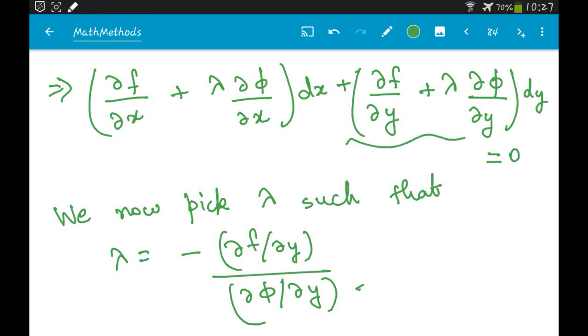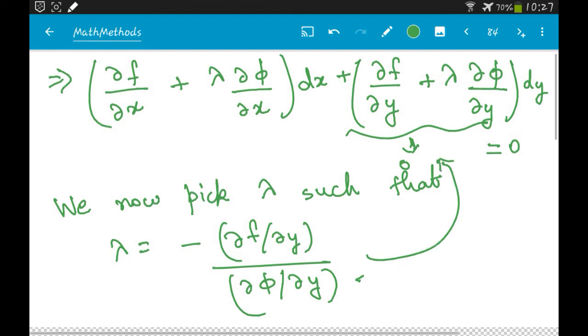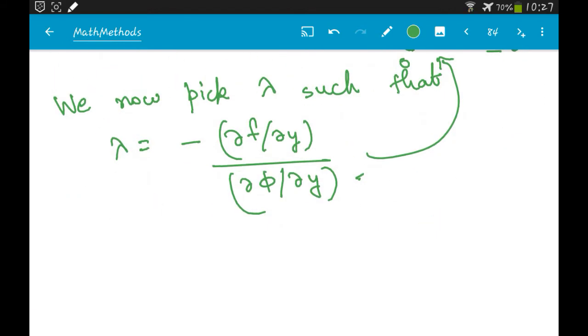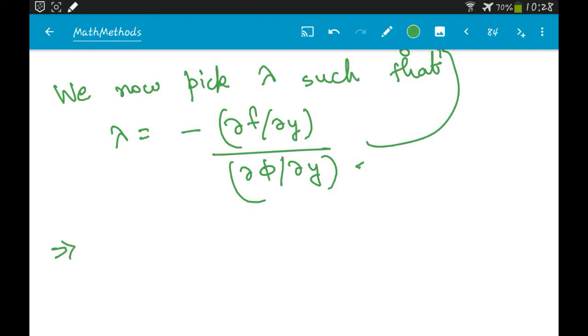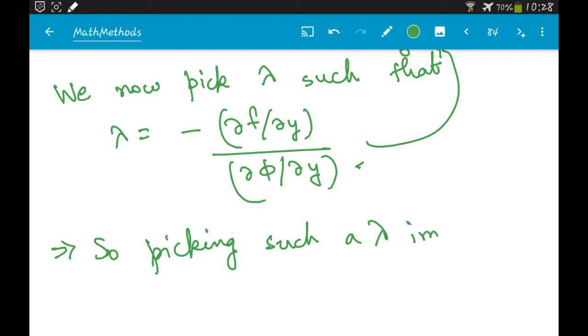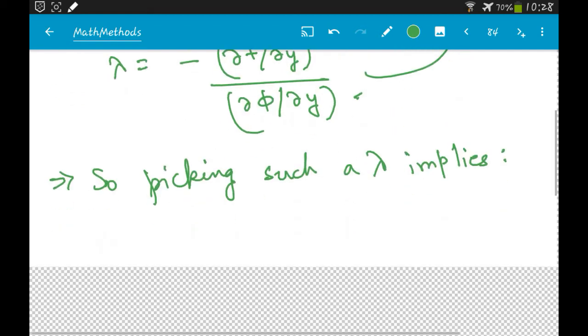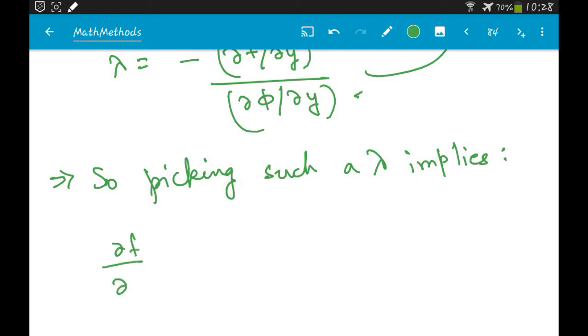If that term becomes 0, then the dx term will also be 0. So picking such a lambda implies dou f by dou x plus lambda into dou phi by dou x equals 0. This is what we get.